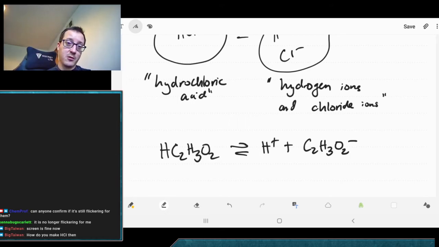We'll say that maybe it's 1% ionized or 5% ionized or something. That means 95% of the molecules are still HC2H3O2, and the rest of them have split up. But the majority do stick together. So this is a stark difference. When you actually buy acetic acid, it is HC2H3O2, rather than having the ions split up.